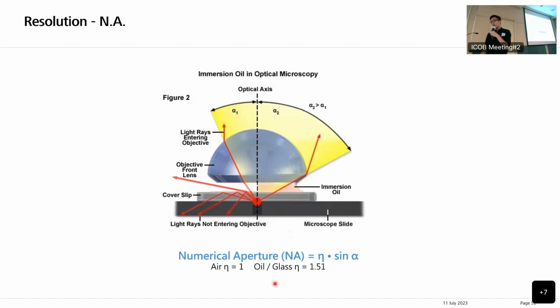And for common air, the value is equal to 1. So if we use an oil lens, there are no aberrations in between the samples and lens. And also, we can collect all the light emitted from the samples or passing through the samples.